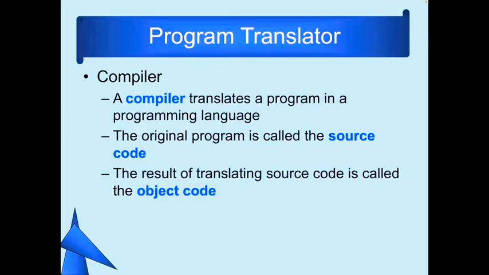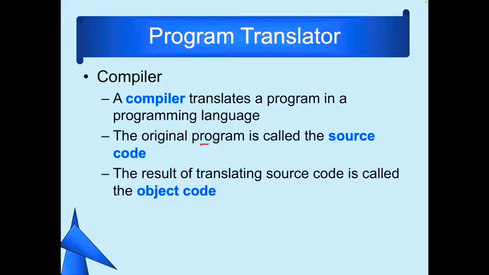The compiler translates a program in a programming language. The function is the same as the assembler and interpreter, which is to translate from the source code to machine code. When we do programming, we call the program the source code.